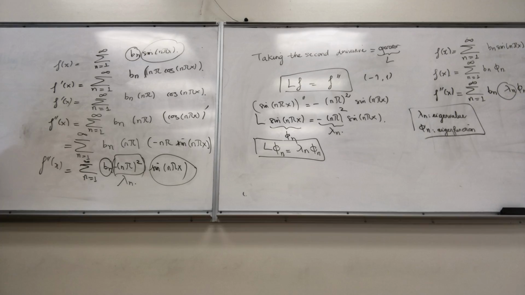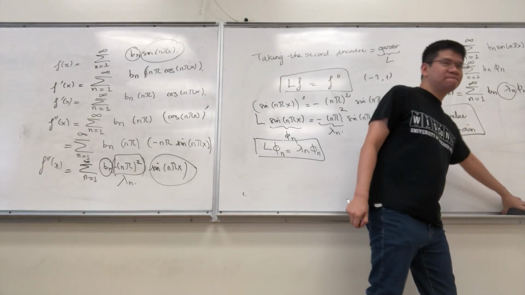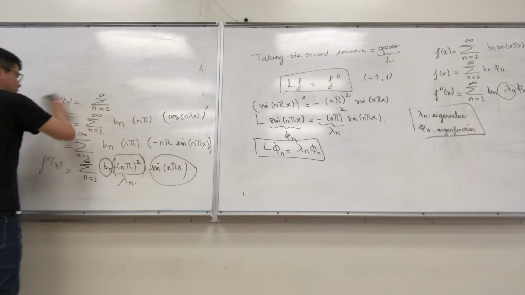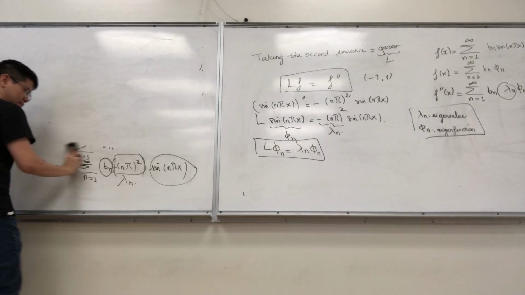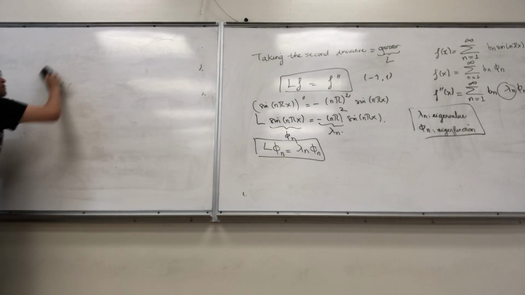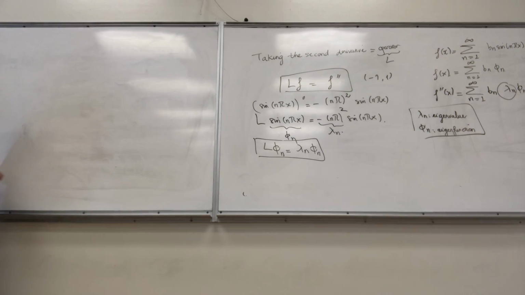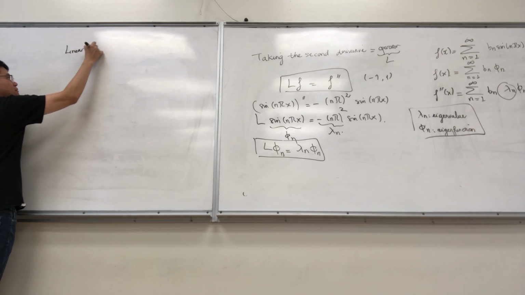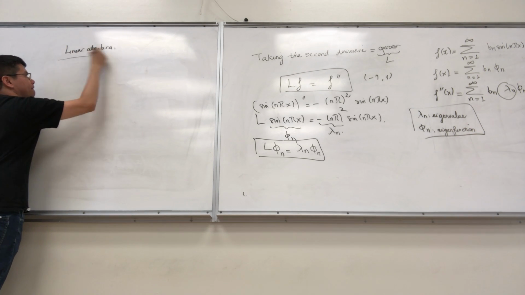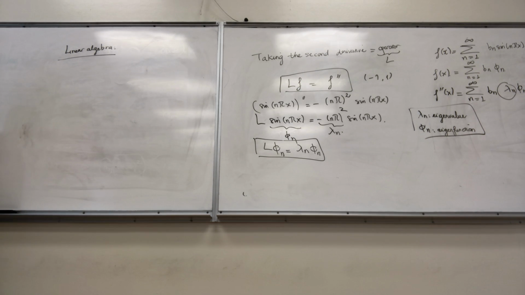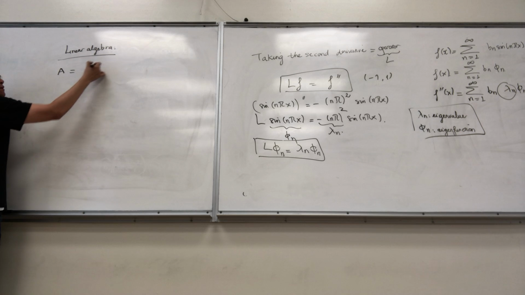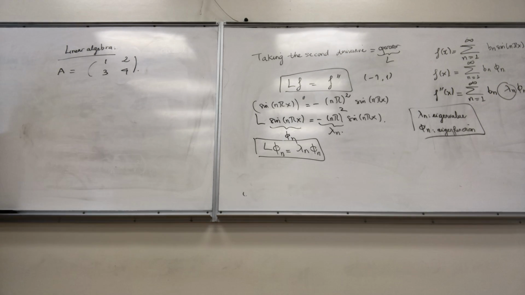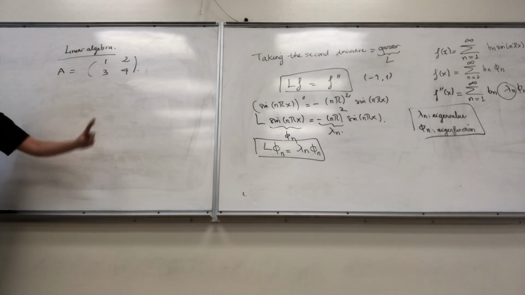So in linear algebra, you have a matrix A, for instance, 1, 2, 3, 4. So this is a 2 by 2 matrix.